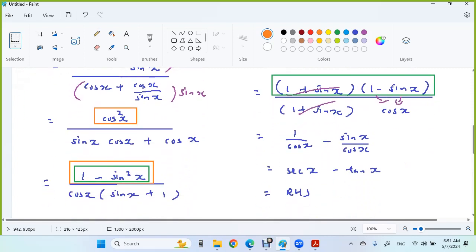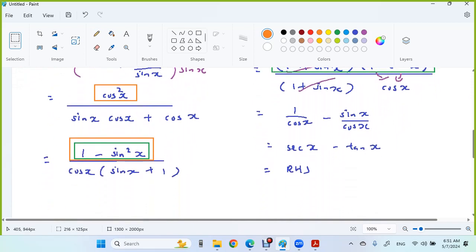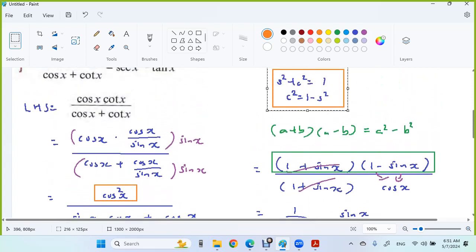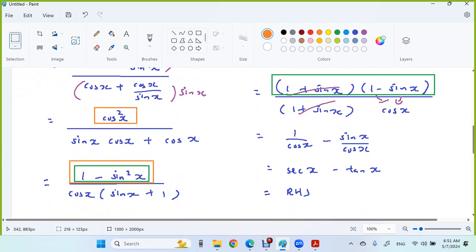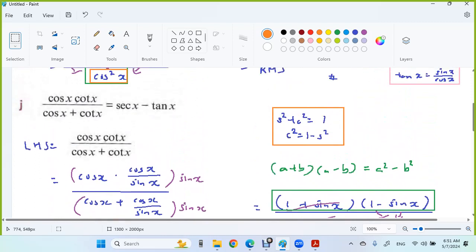For this question, until this part, cos square over sine x cos x, it is obvious that for the denominator part, we can factorize the cos x, then become sine x plus 1. But I remain the cos square here, then the cos cancel, then we'll have the cos x over sine x plus 1, which I can't get the right hand side. Then I know that the cos square, we can use the identity, sine square plus cos square equal to 1. Cos square is 1 minus sine square.